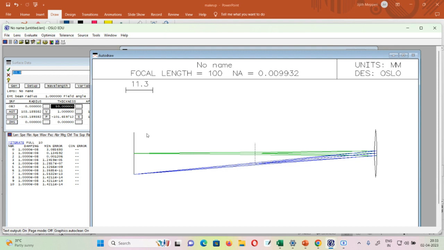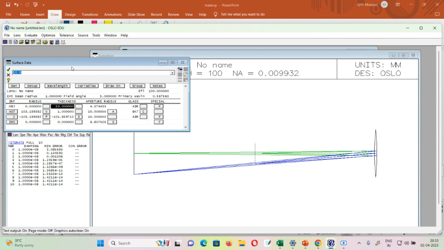From here we can see the different imaging parameters of the lens. Hopefully you understand how we can use Oslo to determine different parameters and different image conditions, and how to optimize the focal length and other things.